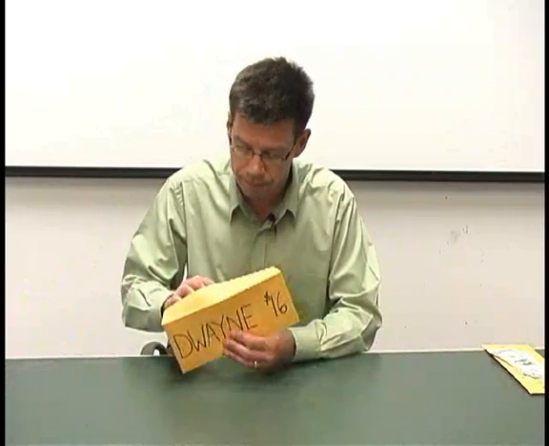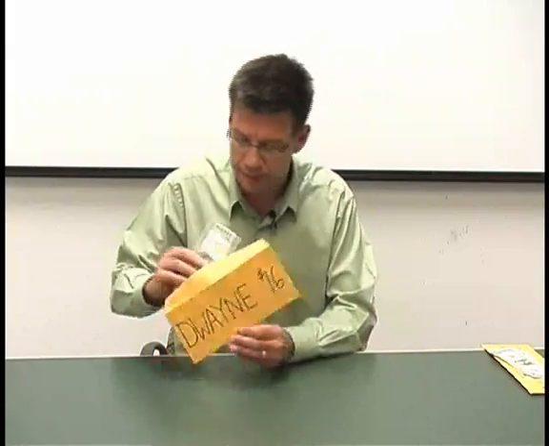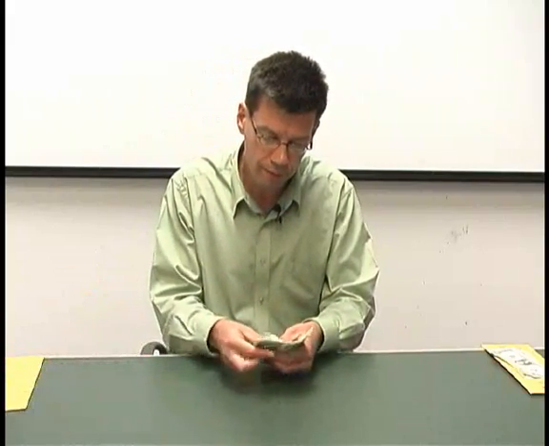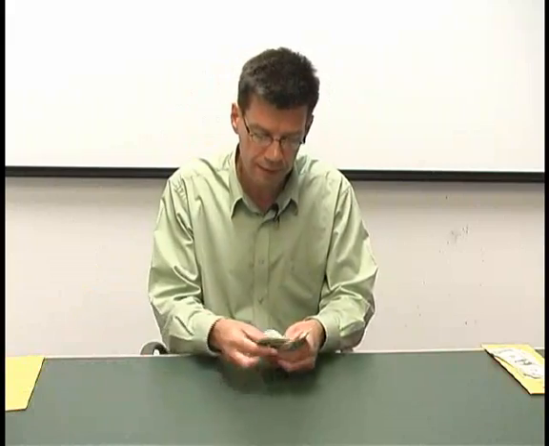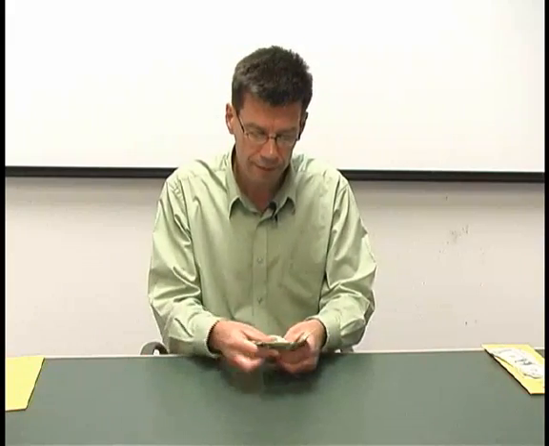Let's take a look at Dwayne's allowance now. Dwayne's allowance is $16. Let's just check. 1, 2, 3, 4, 5, 6, 7, 8, 9, 10, 11, 12, 13, 14, 15, $16, sure enough.